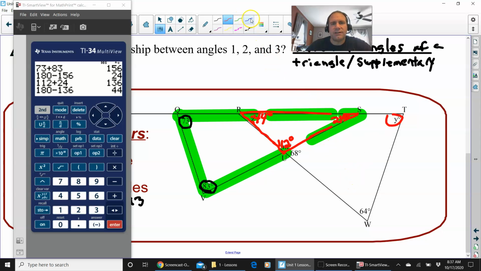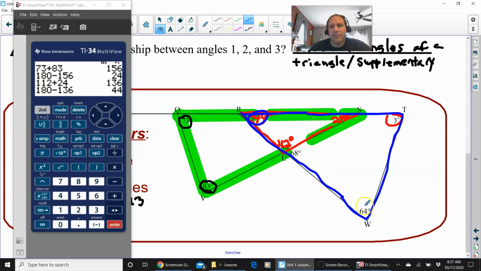So I'm going to change it again to blue, and we have a triangle right here. Do you see your triangle? Is another large triangle. Here's one angle of the triangle.